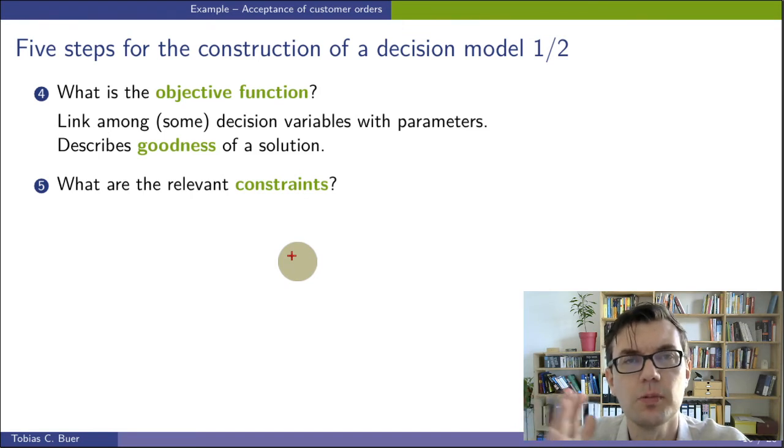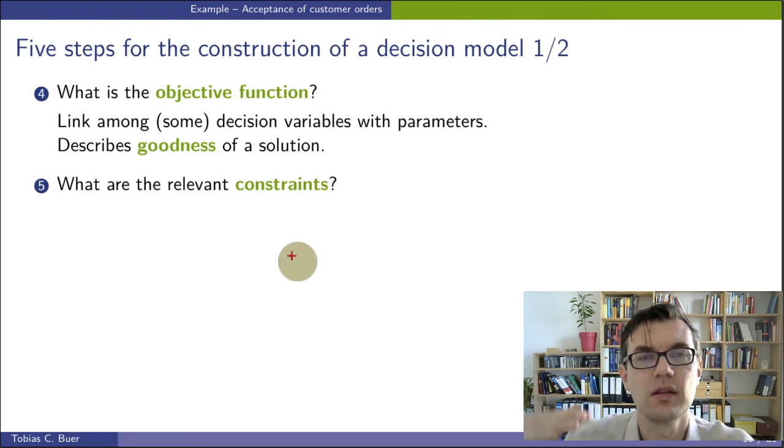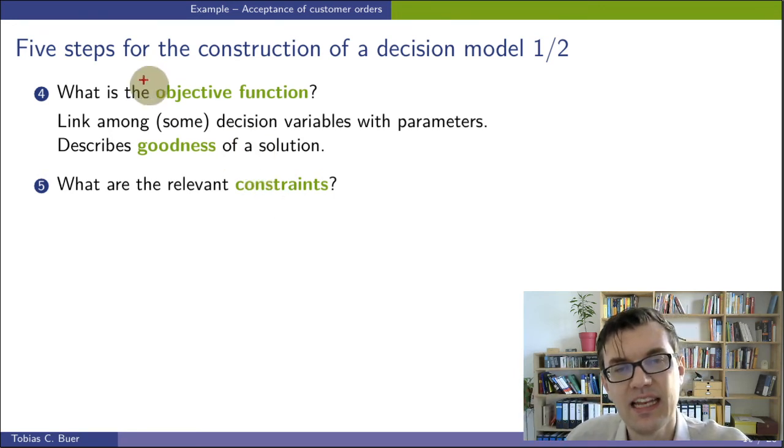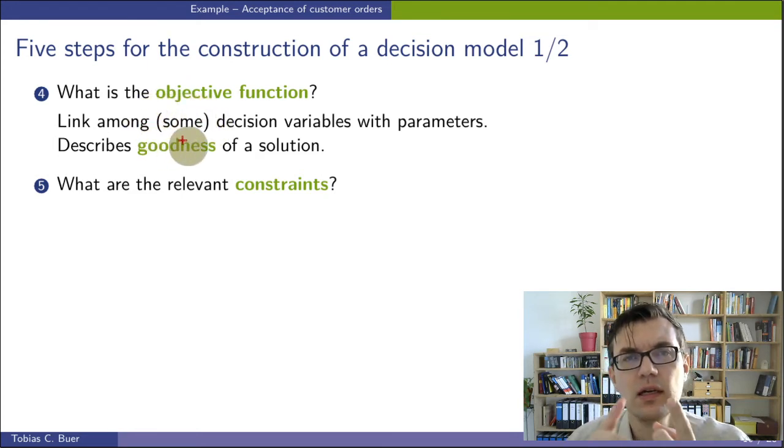With the help of the objective function, we can compare two solutions and decide which one is better. And technically, in the objective function, we always link some of the decision variables with some of the parameters of the model.